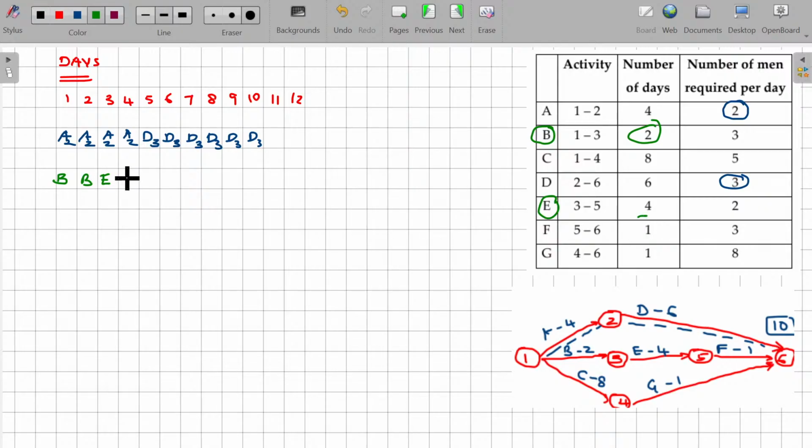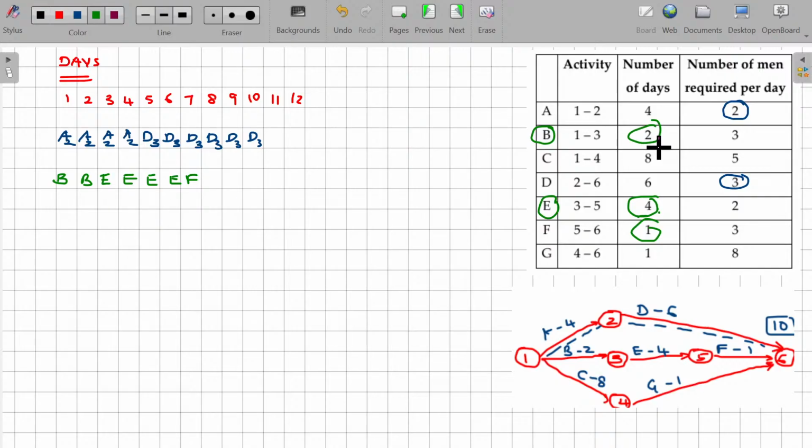So this is E. Then after E, we have F. For F, only 1 day. I posted E as 5 days, but E is 4 days only.